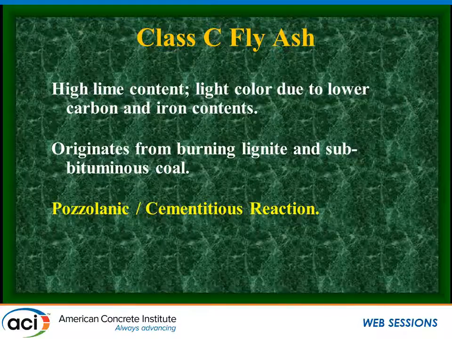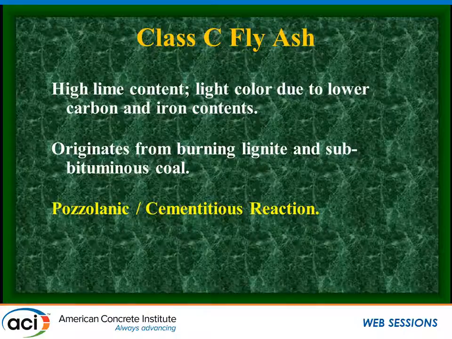Class C ash is different in that it has a higher calcium content or lime content. And it's usually going to be lighter in color because the C ash usually burns cleaner, and we usually have less carbon and iron in that ash when we take it from the power plants. It has pozzolanic and some minor cementitious properties of its own.